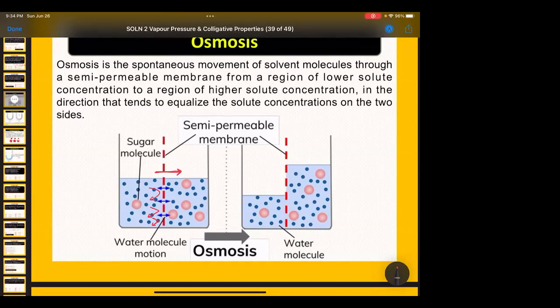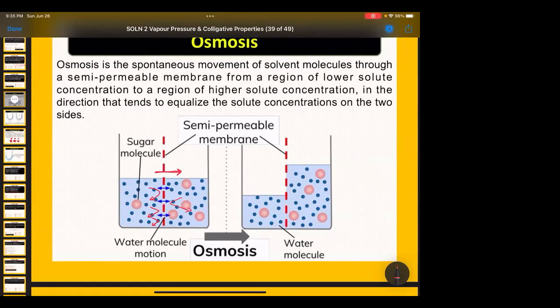But on this side, you have fewer water collisions. So water molecules hit more where the solute is less, because the solute is not blocking them. So water is going to move from the left to the right hand side.